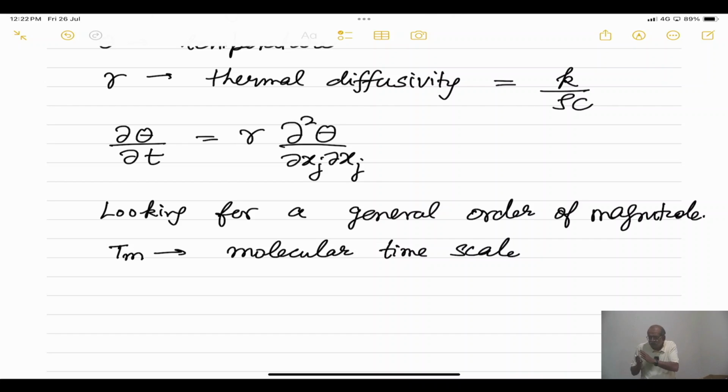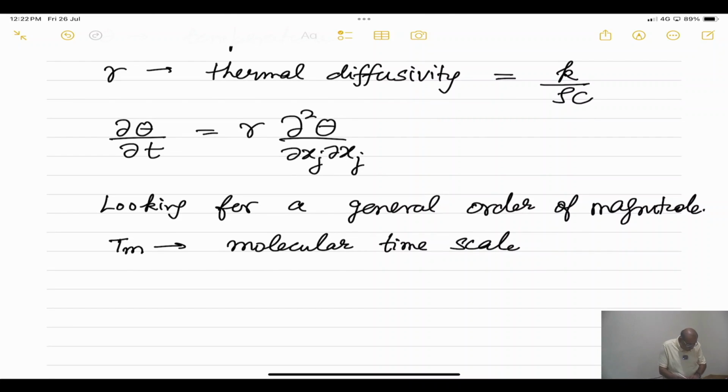When there is only conduction, the diffusion is taking place only because of molecular diffusivity or molecular conduction, so I say this time scale is T sub m. Here, what I am writing is an order of magnitude equation: delta theta upon Tm is of the order of gamma times delta theta upon L square.